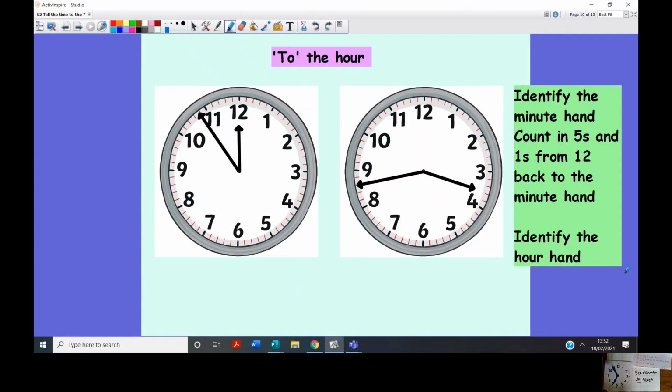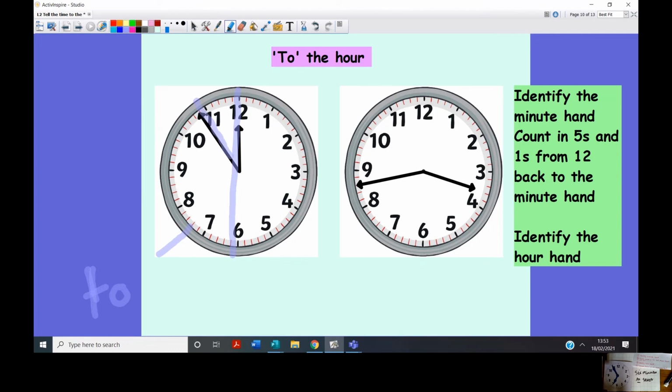So a couple more examples for us to do on the screen together. So to the hour. So we're going to the hour. Remember, once we go past here, we're on the to side. So again, steps to success. Identify the minute hand. Here's our minute hand. How many?